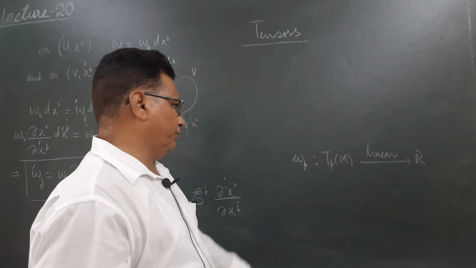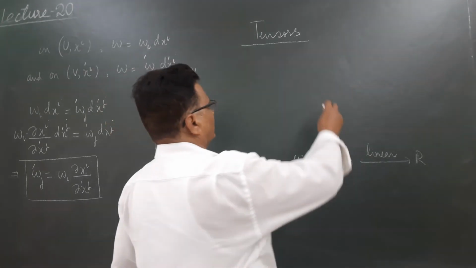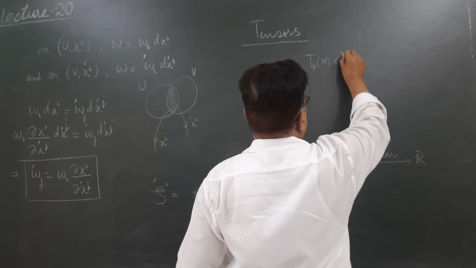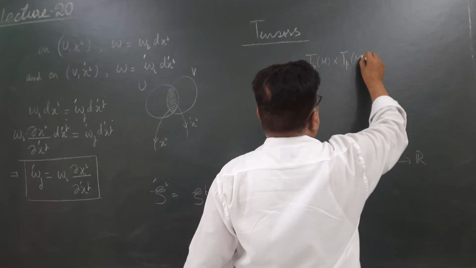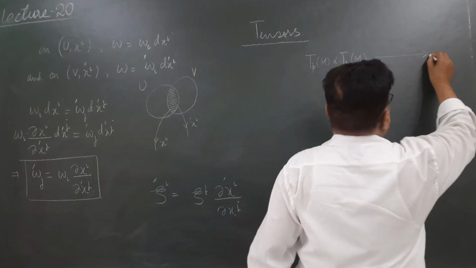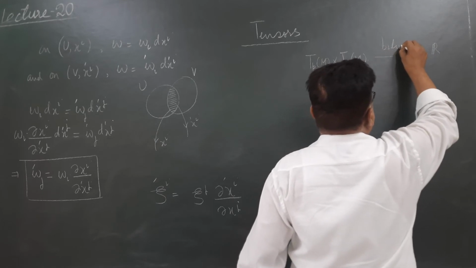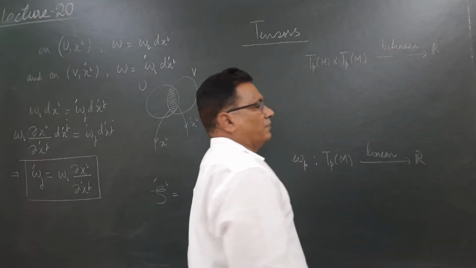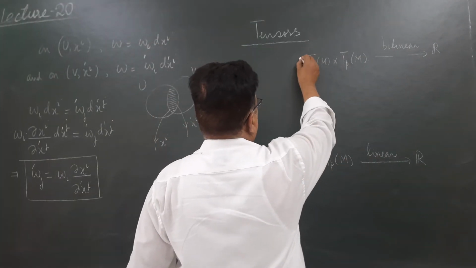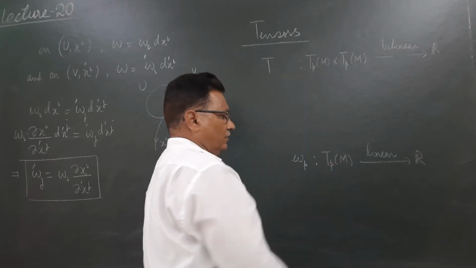Now, instead of one T_pM, if I consider two copies of the tangent space, that is T_pM Cartesian product T_pM, and I consider maps which are bilinear. Okay, so these maps, you can call them T or whatever you call it.